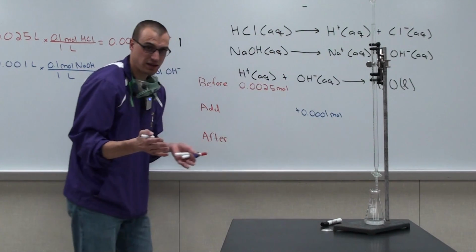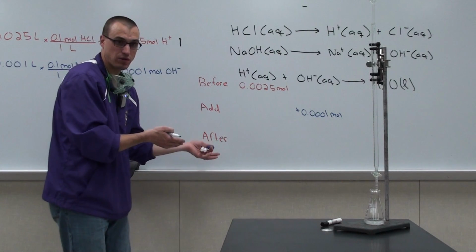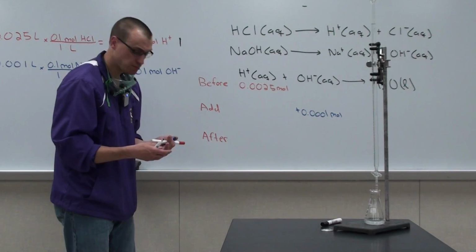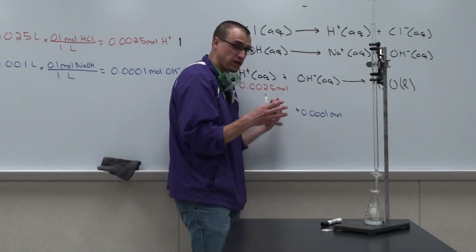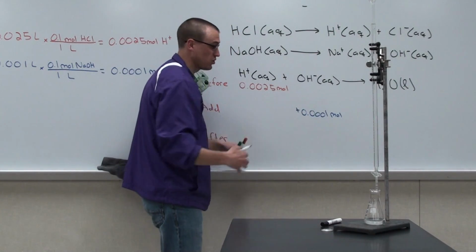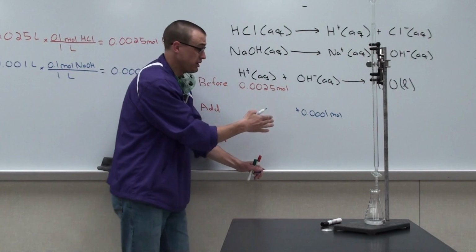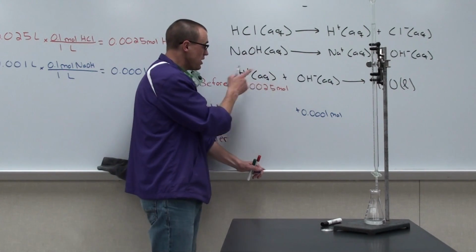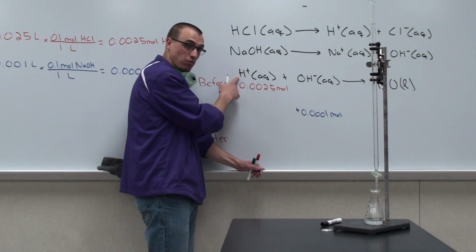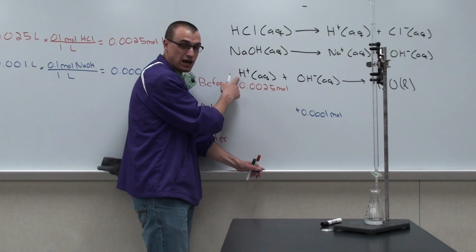Now we have to get down to what is happening with the actual chemistry of this. You can see in the chemical equation, for each mole of OH minus that we have, it reacts with the same number of moles of H plus ions.